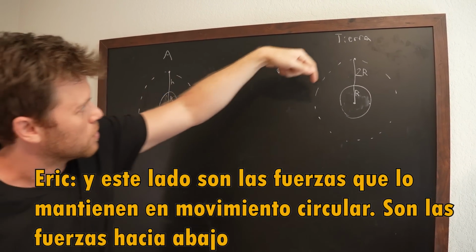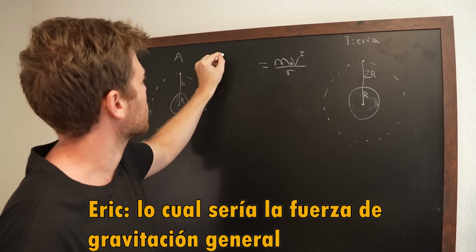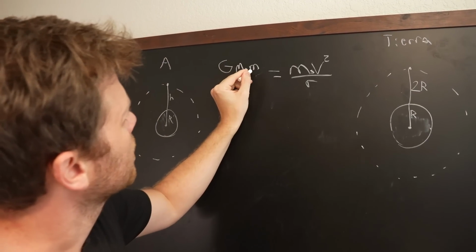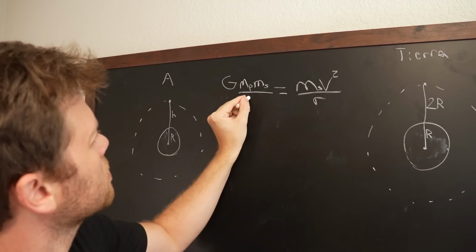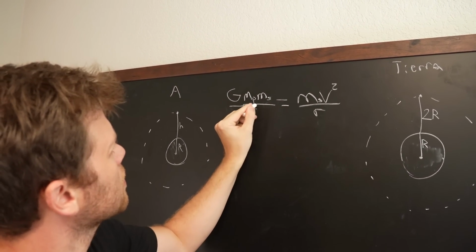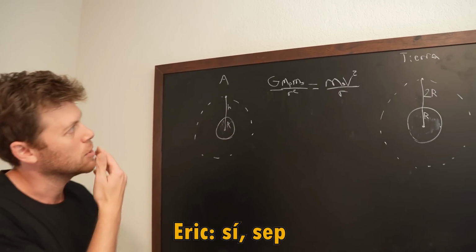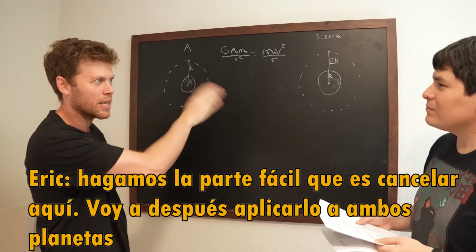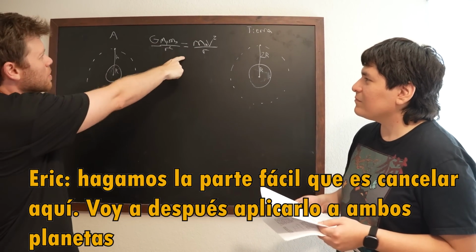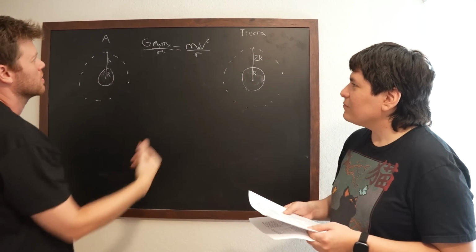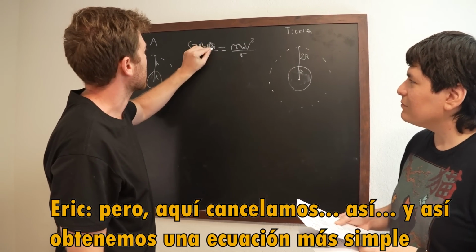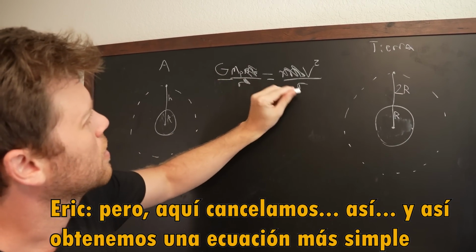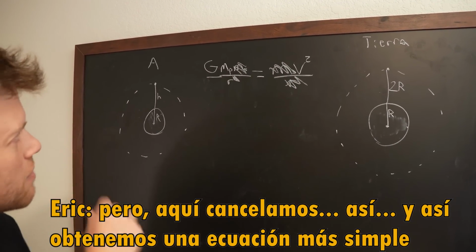So forces pointing down, which should just be the general force of gravitation: masa del planeta, masa del satélite, dividido entre r al cuadrado. You know what, let's do the easy canceling here. I'm gonna end up making a case for both, but maybe we can have something a little bit simpler.